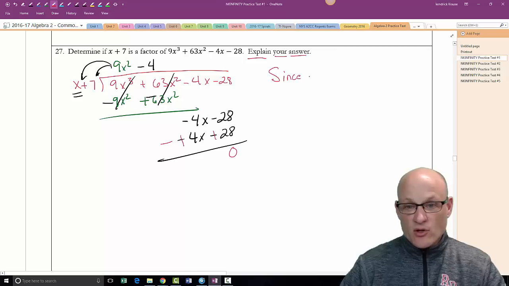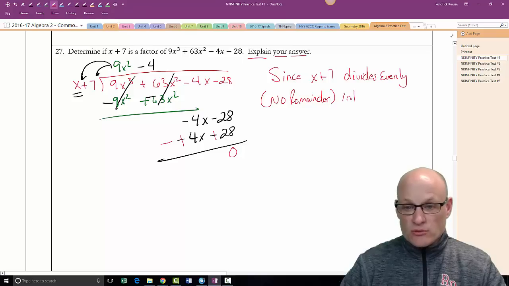Since x plus 7 divides evenly, no remainder, into 9x cubed plus 63x squared minus 4x minus 28.